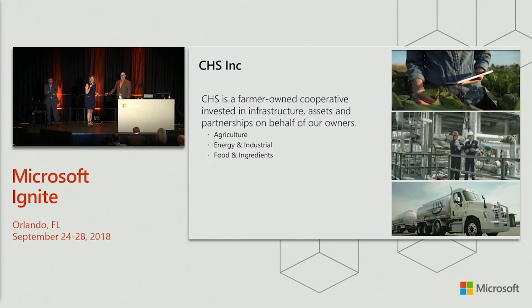At this point, I'd like to have Scott share a little bit about CHS, their organization, and some of the brands associated with the CHS name. Sure. Thank you all for being here. CHS is a global agricultural business owned by farmers, ranchers, and producers.